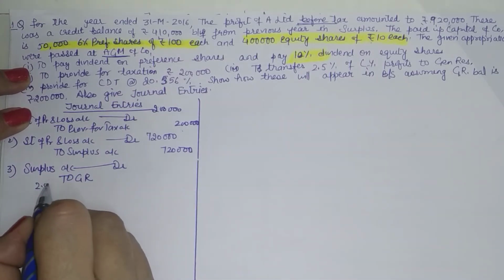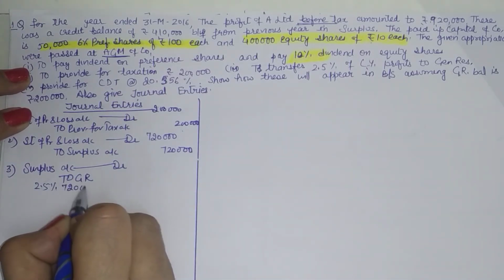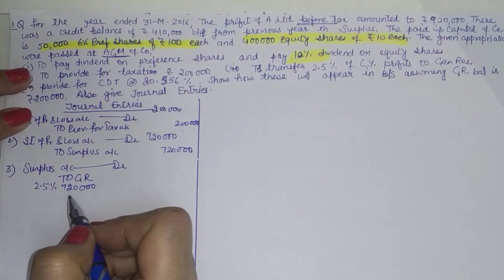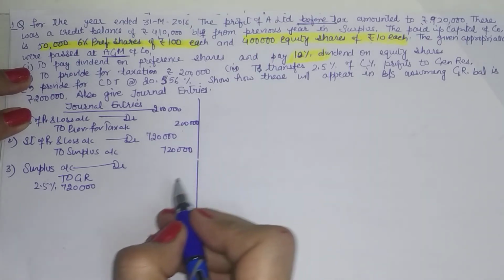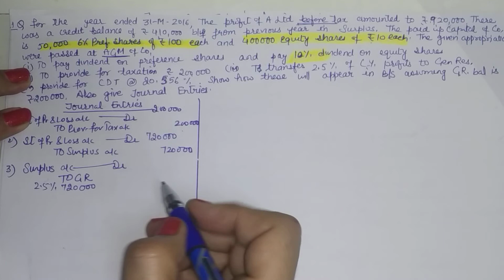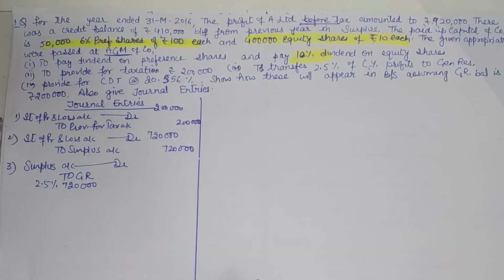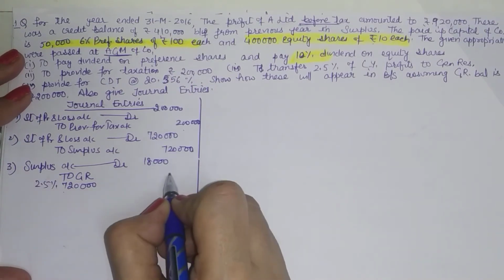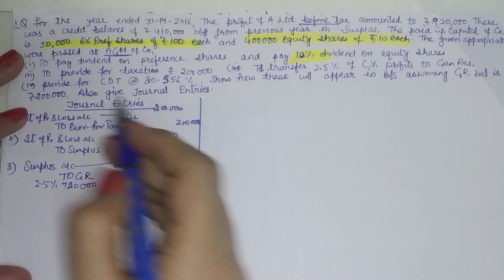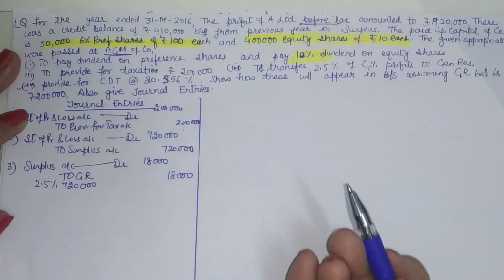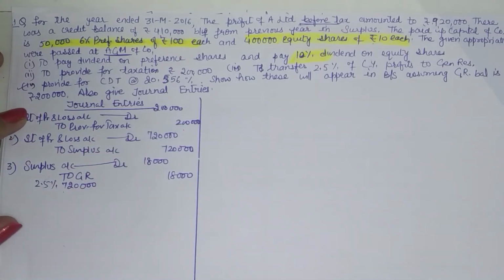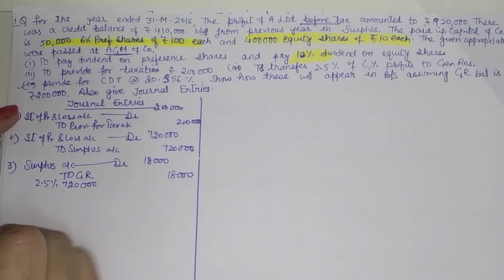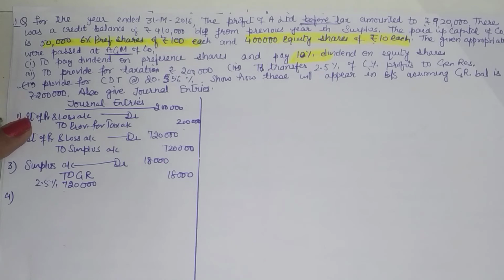So 2.5% of current year profits, that is 7,20,000, comes out to be 18,000 rupees. Okay. So this has been provided. Now CDT, which is a common factor with the dividend. So no new information. So the only requirement is transfer to general reserve and the dividends. Now when we pay dividend, our first entry is, we are to remember the procedure.